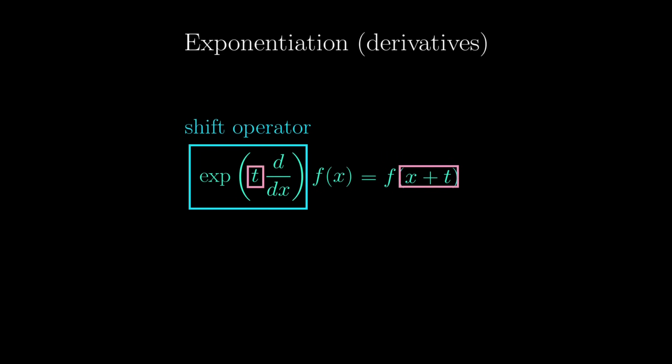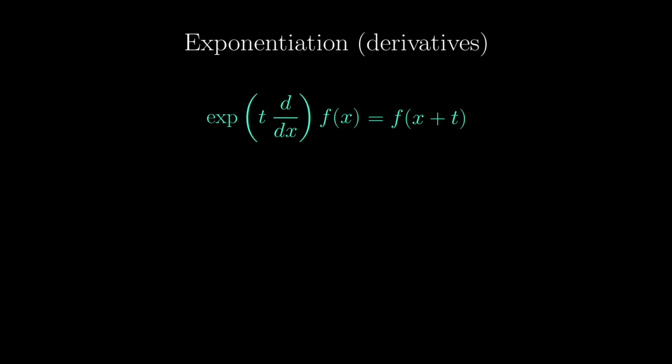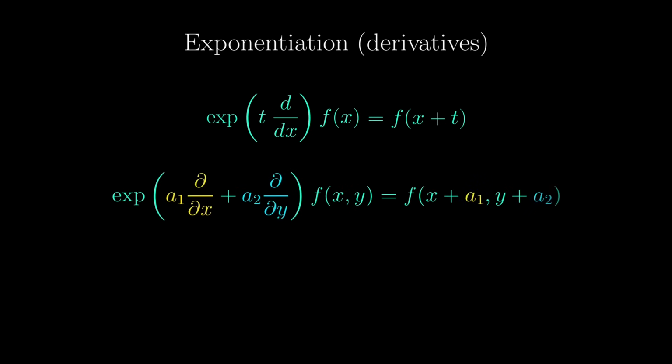But this shift operator can be more general, especially for multivariable functions. For functions with two variables, the shift operator would be composed of partial derivatives, and the partial derivative with respect to x would shift the x argument, and the one with respect to y would shift the y argument.